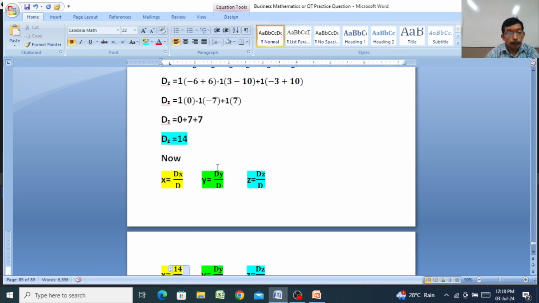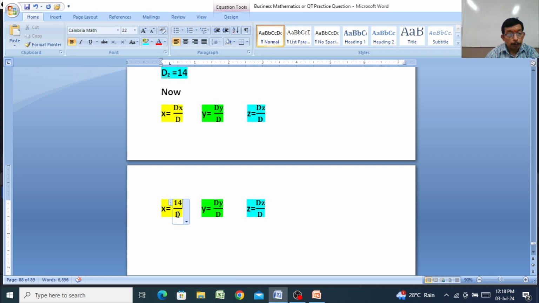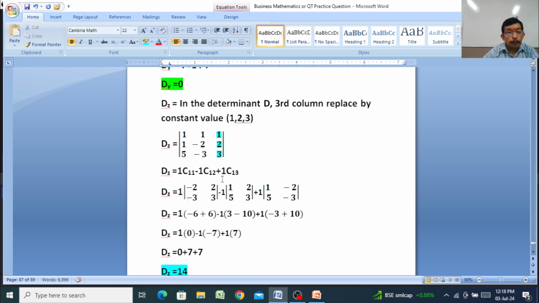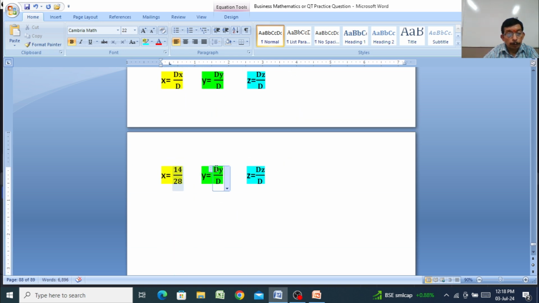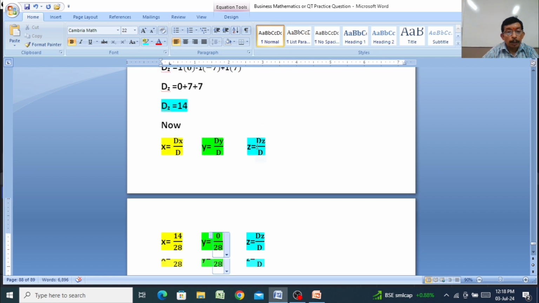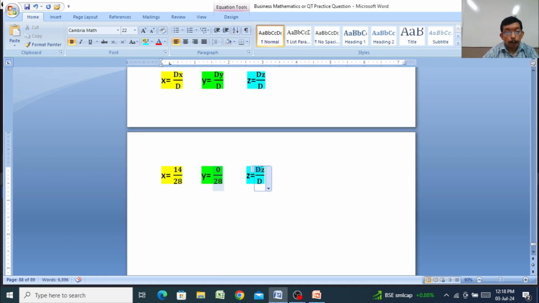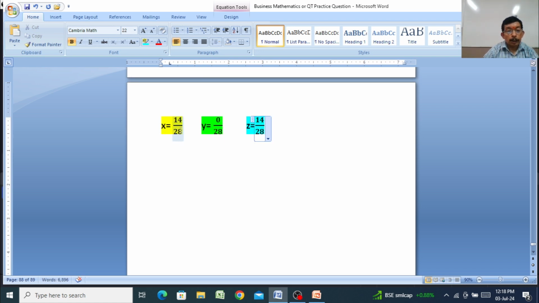Note down 28. Now dy, the value of dy is equal to 0. The value of d is equal to 28. Now dz, the value of dz is equal to 14. Note down 14. The value of d is equal to 28. Note down 28. Now simplify in the next step.